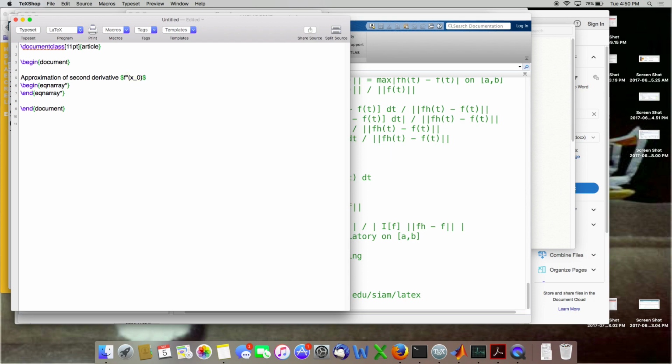So I want to talk about approximation of a second derivative of a function at a given point, x naught. Underscores are again subscripts. And I'm going to use a Taylor expansion around x naught. As I type this out, I'm going to periodically generate a PDF so you can see my progress.